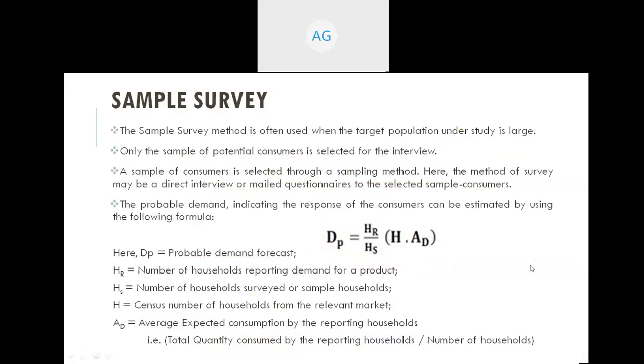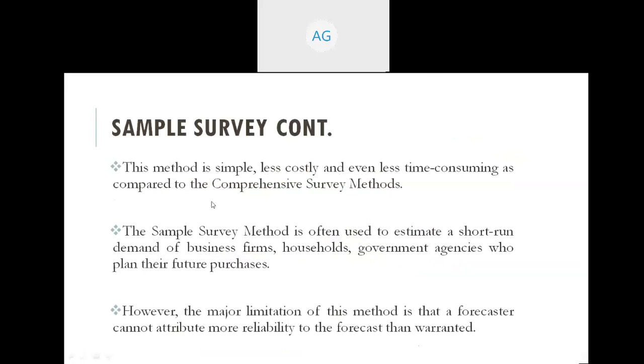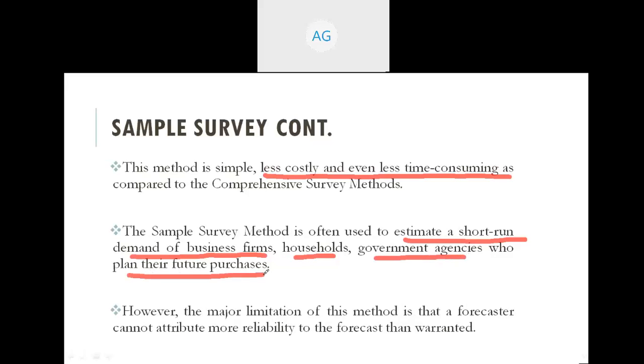So moving to the next slide. Now the sample survey method is less costly and even less time consuming as compared to the comprehensive survey method. The sample survey method is often used to estimate the short-run demand of business firms, households, and government agencies who plan their future purchases.